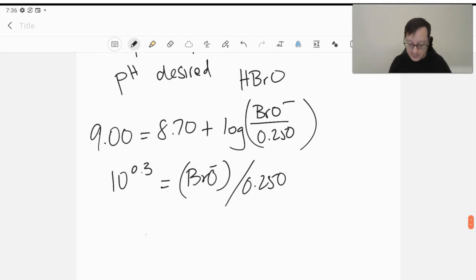And you can solve for it this way. Your hypobromite concentration would be, in this case, 10 to the 0.3 times 0.25.